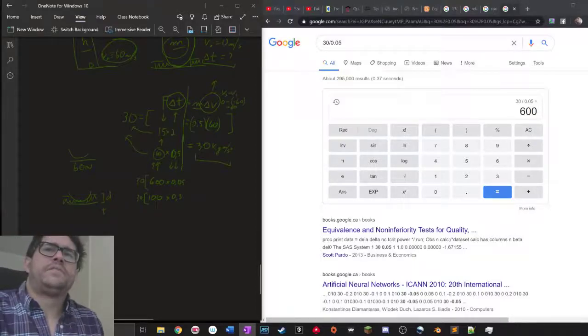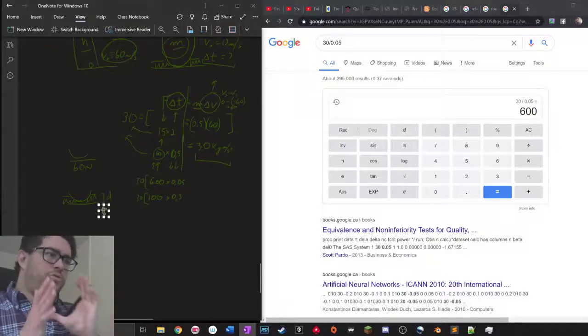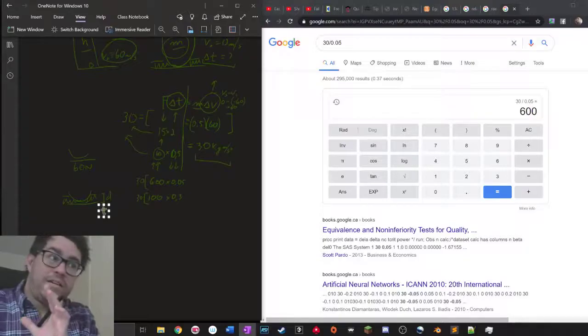And one might ask, how in the world will this egg sustain 100 newtons of force? It has to do with the time in which you apply it, right? If you apply 100 Newton very fast and then you stop, have you cracked the egg?